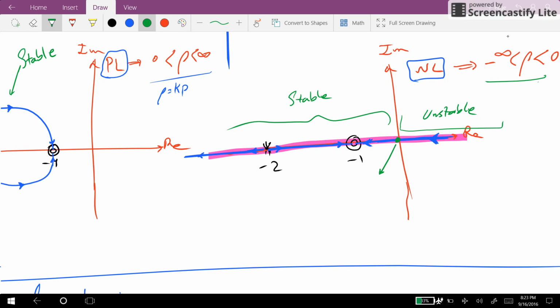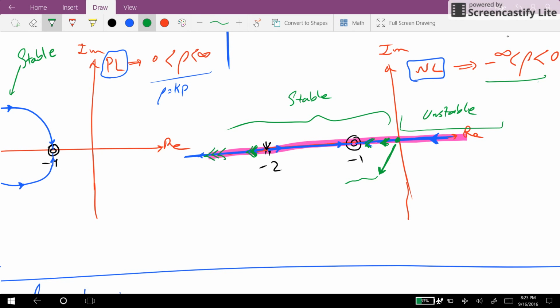This is the way in which the value of rho goes towards minus infinity. Here we will have some value. After that value, going towards minus infinity, our system will remain stable. At the same time, we see that starting from 0, we are stable.